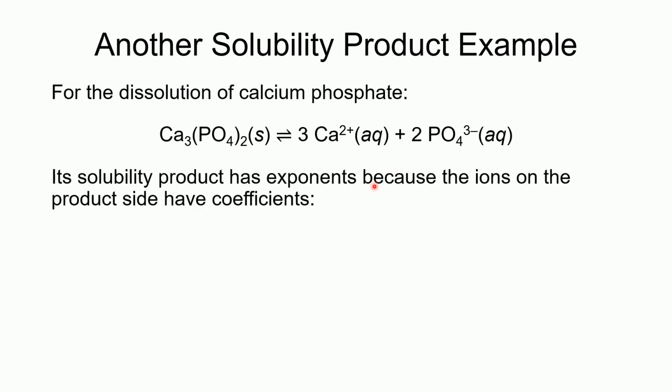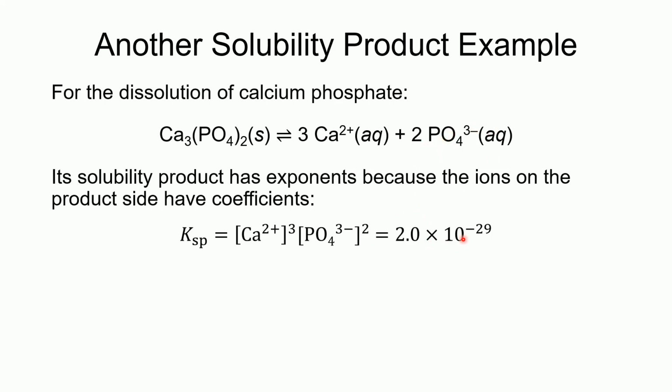As far as the solubility product, because these have coefficients, we're going to have exponents in our solubility product expression. So calcium will have an exponent of 3 because of the coefficient 3 here, and phosphate will have an exponent of 2 because of the coefficient 2 here.